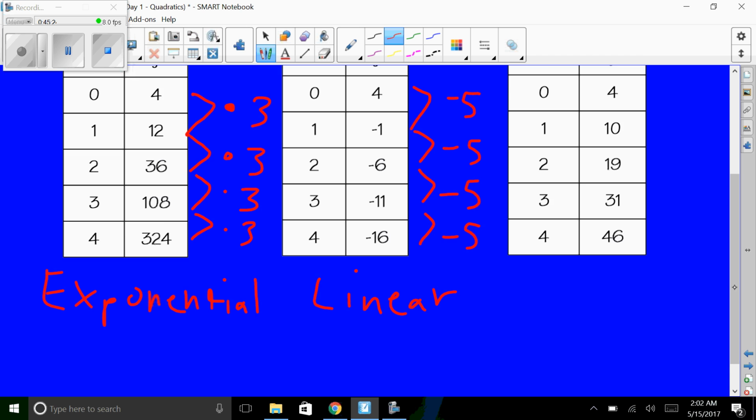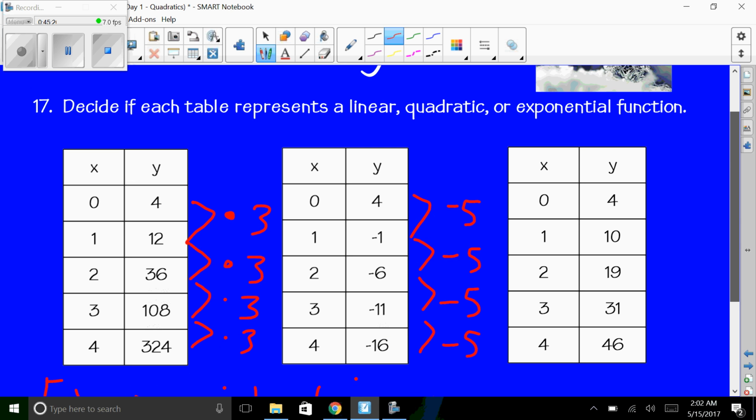Okay, let's look at the last one. Alright, well this one, that was add 6, add 9, add 12, add 15. Okay, those don't match. Alright, but if we do it one more time, that's 3, 3, 3.